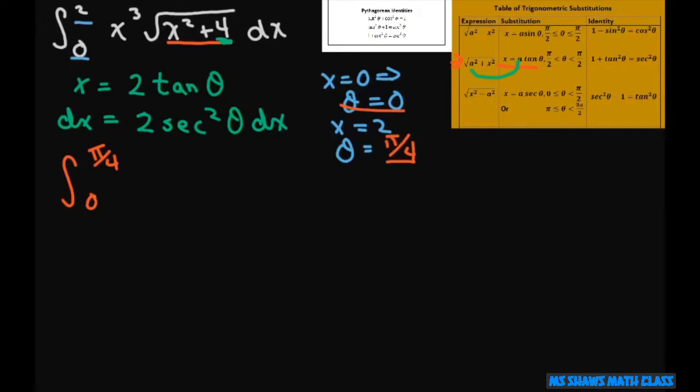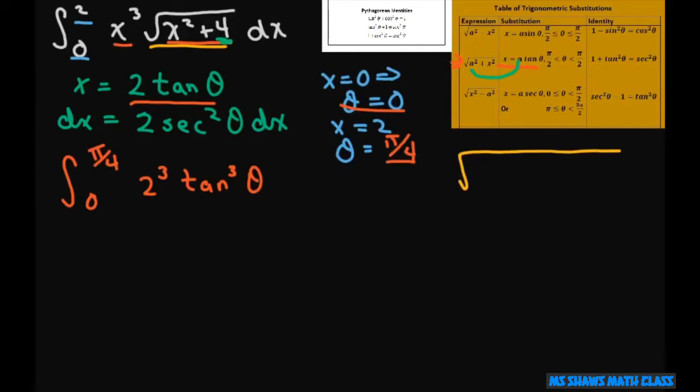And for my x cubed, just cube this. So that's going to be 2 cubed tan cubed of theta. And then we have this square root part. Again, we've gone over it in several other videos, but I'm just looking at this part: the square root of x squared plus 4.